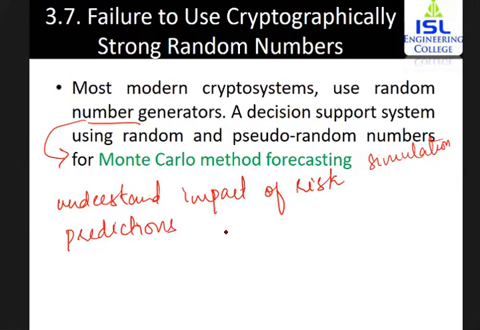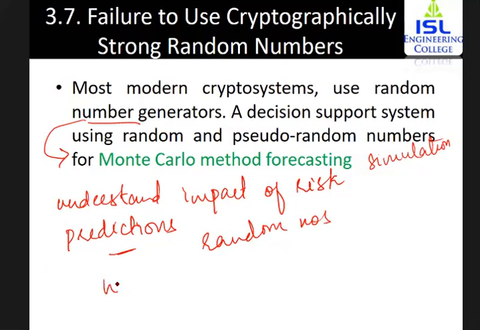Or this can also be used to make predictions. Now you can make a prediction that if you've invested in a particular asset, what is going to be the value of this particular asset, how well it is going to perform, whether the price of the stock is going to go up or go down. That is going to be predicted. Now these predictions are based upon random numbers. You cannot know actually what is going to be the best approach, or what is going to be the cost of the particular asset.